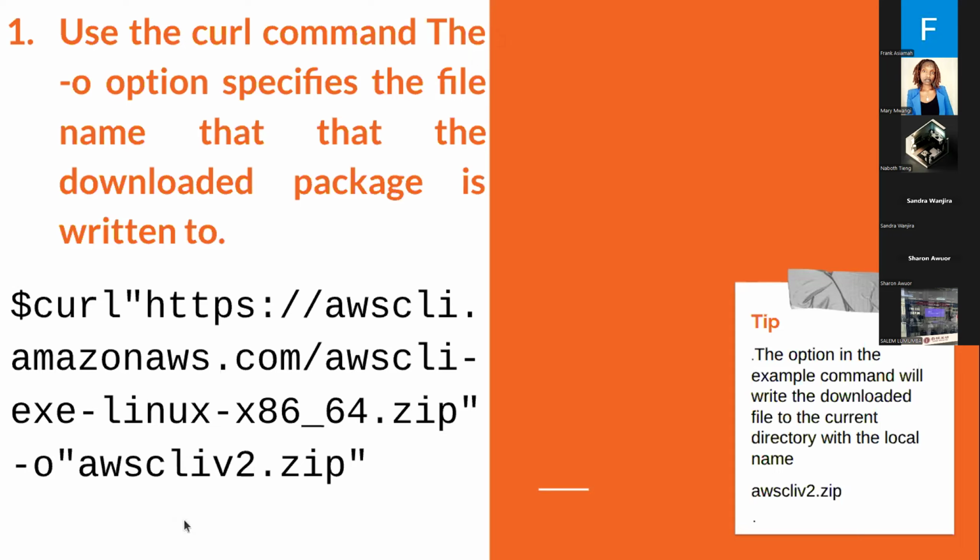I've written a tip there: in the example command, we write the downloaded file in the current directory with the local name awscliv2.zip. It's a .zip extension. Up to there, we are together on downloading the package to install the AWS CLI.